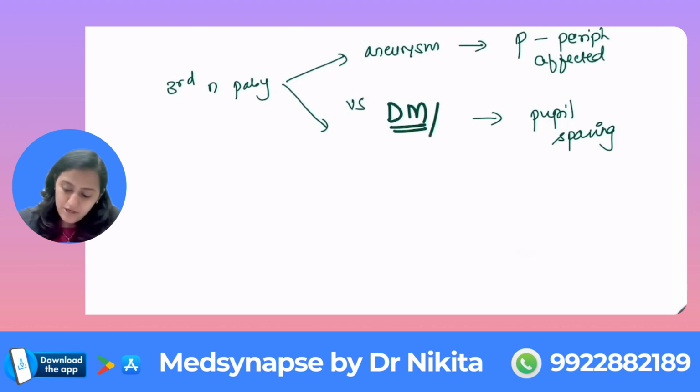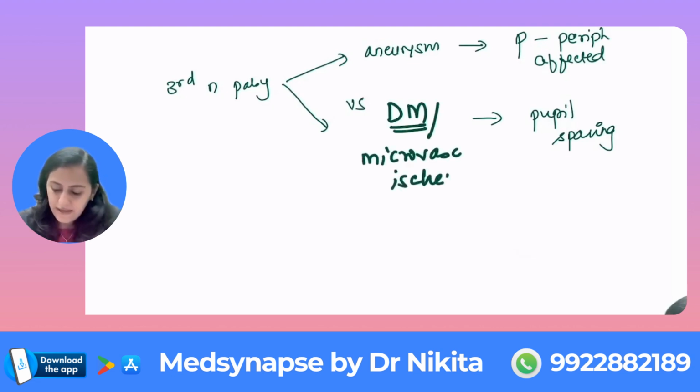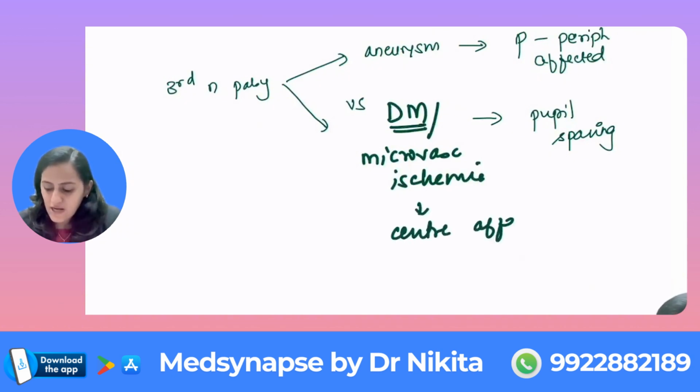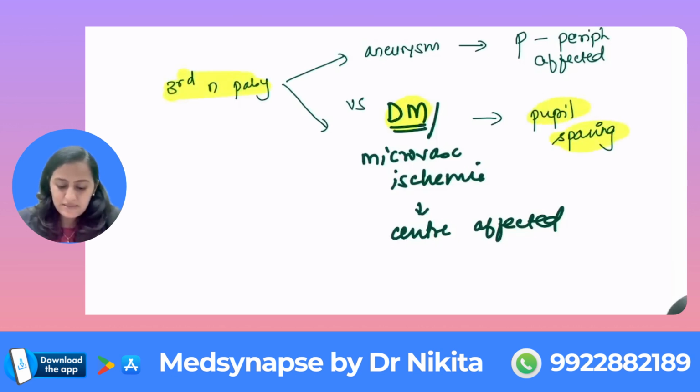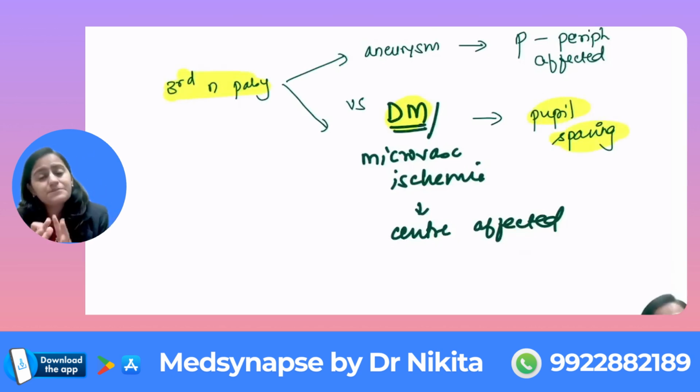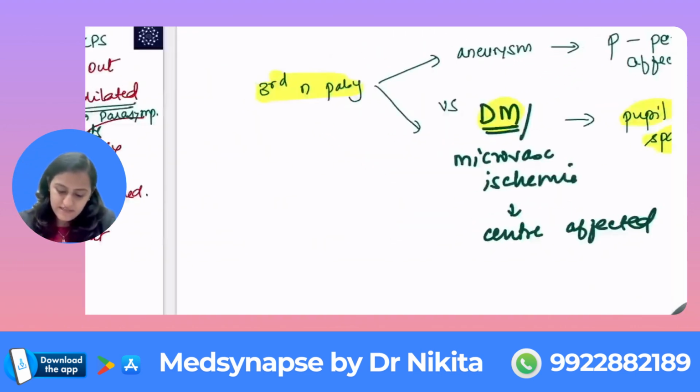Very, very important, where this is microvascular ischemia causing the palsy, which affects the central fibers first and not the peripheral fibers. So diabetes mellitus is pupil sparing third nerve palsy because it affects the center and not the periphery. The pupil fibers are present peripherally, so if there is an aneurysm coming from outside, that compresses the pupillary fibers and causes pupillary manifestation.